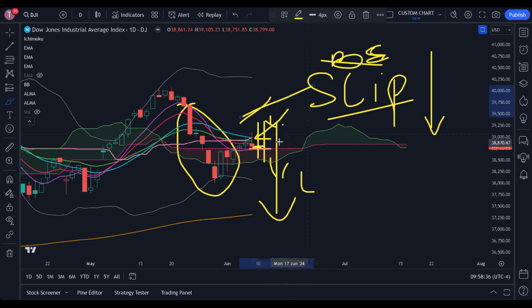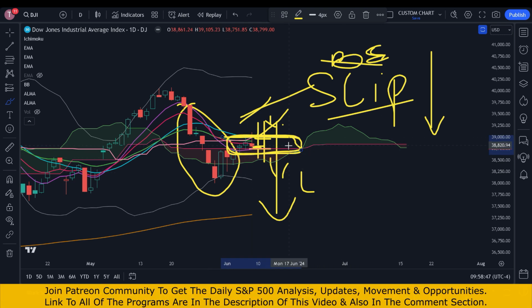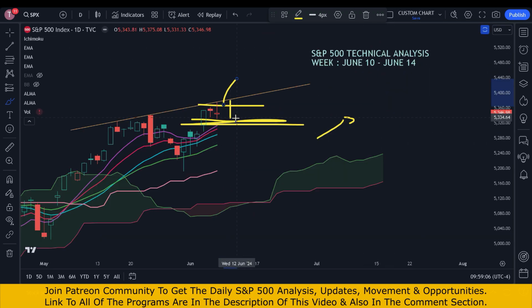So this particular zone is very crucial for the Dow Jones, and not just for the Dow Jones but also for the Nasdaq and the S&P 500. The picture is clear that the bullish movement will happen only if the Dow Jones gives a minimum of 1 to 2 closings above these moving averages. In that case the slip will be cancelled, and then more bullish movement will be allowed in the S&P 500.